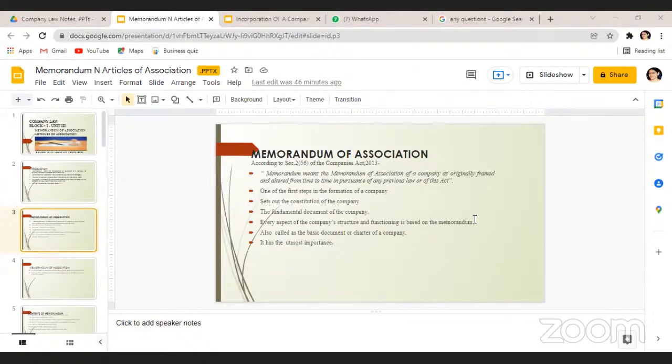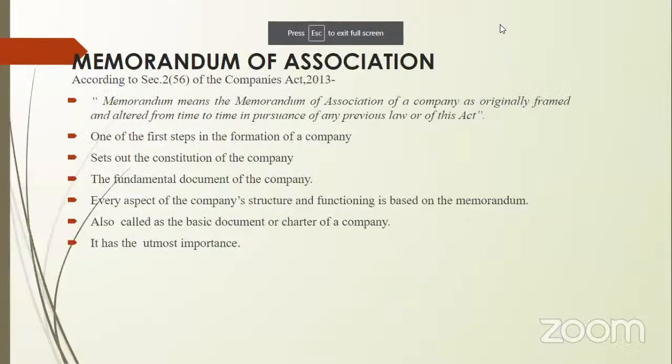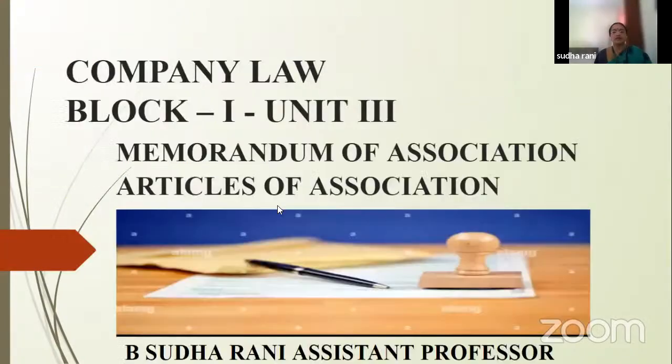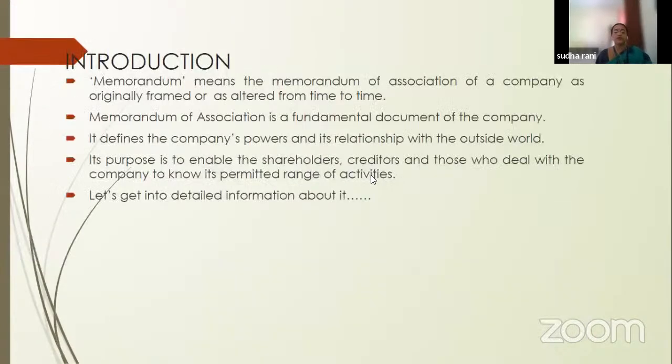Under that documentation of incorporation of a company, the important documents we discussed are Memorandum of Association and Articles of Association, right? So let us see what these are. This is Unit 3 of our topic.